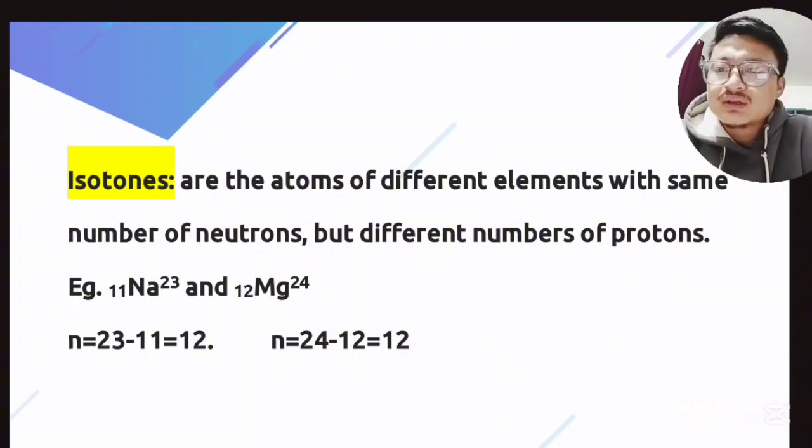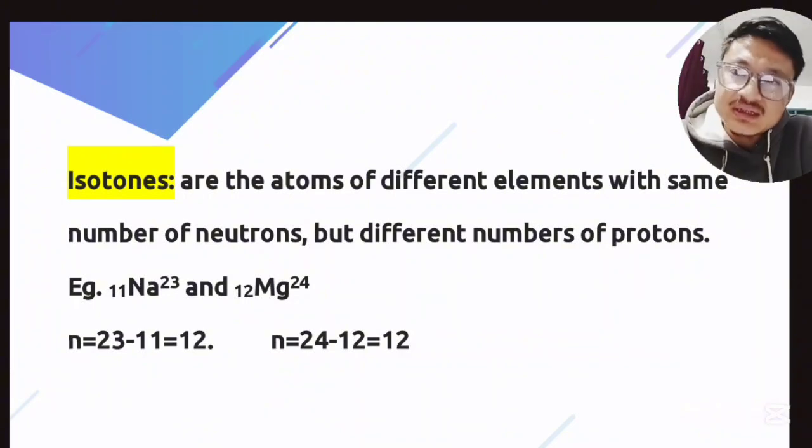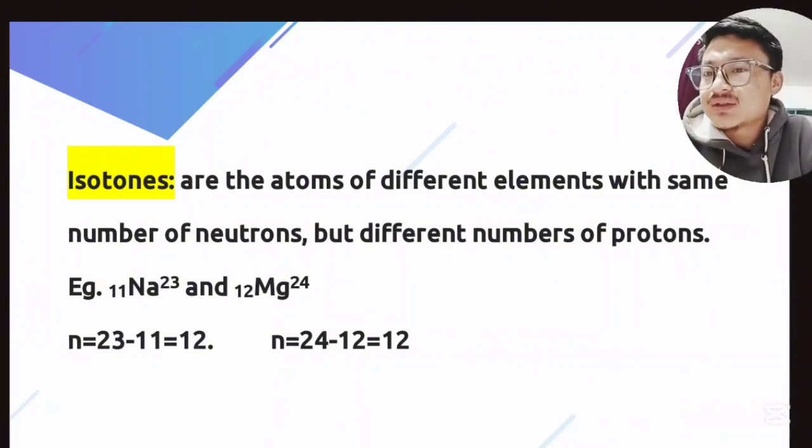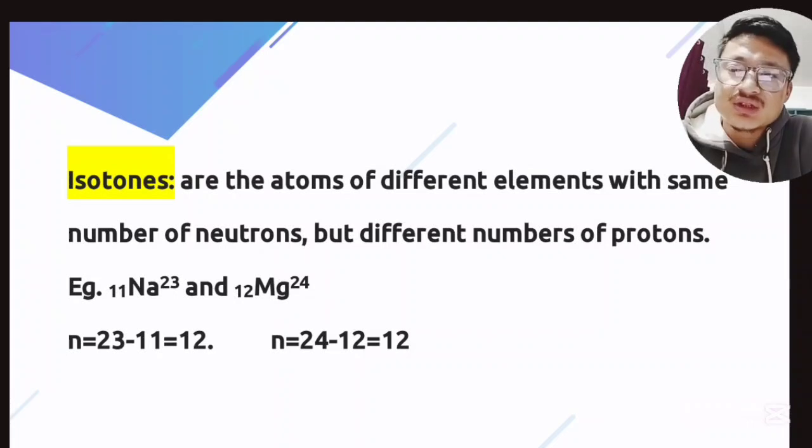Example, sodium and magnesium are two different elements. These two different elements have different mass number and different atomic number, but they have the same neutron number. Sodium has atomic number 11 and mass number 23.